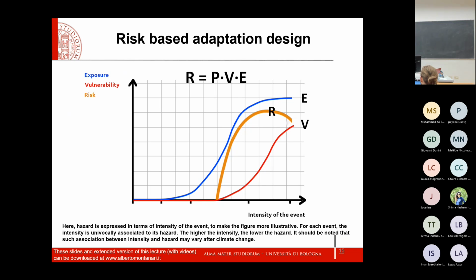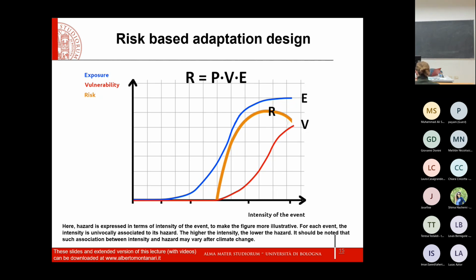So basically, the idea here was to provide a graphical introduction to the problem, which may also be useful for communication. Given that there is a relationship between probability, vulnerability, and exposure, the idea is to put probability or intensity of the event or return period as an independent variable and study on the vertical axis vulnerability, exposure, and risk, where risk is derived as the product of probability, vulnerability, and exposure.